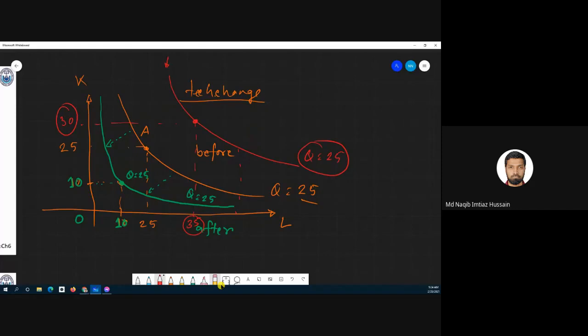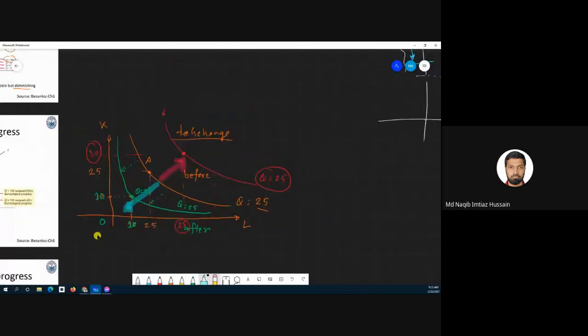Or if it's not progressing you, in that case you will see your isoquant line taking you in the opposite direction from the origin. Okay, so by looking at the movement of the isoquant line, you can tell whether some kind of technological progress has happened or not.